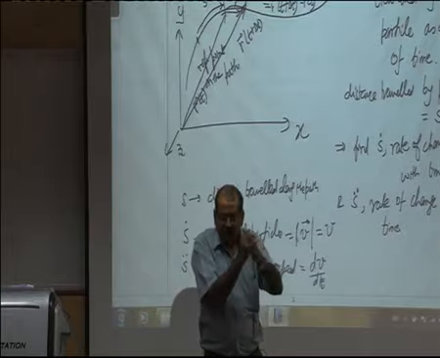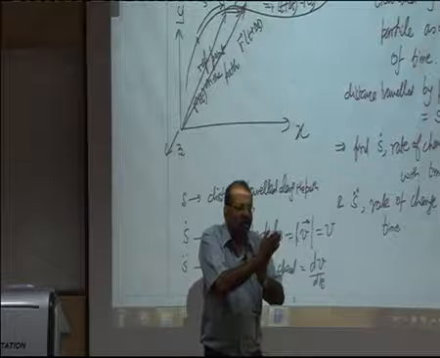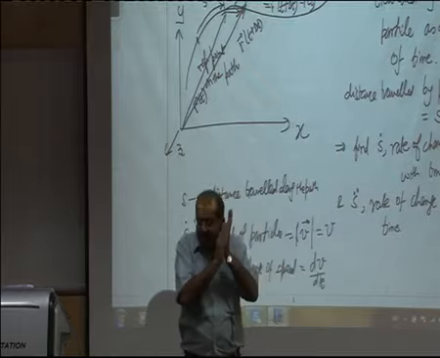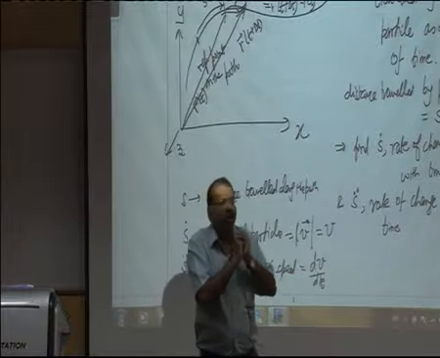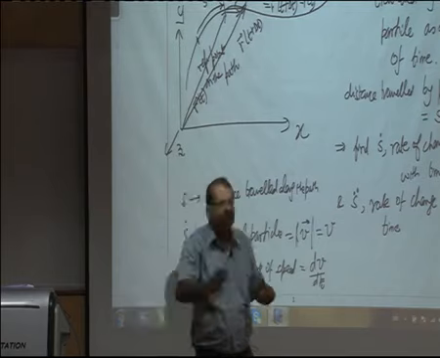It is a vector in a finite time. The magnitude of dr is not equal to the magnitude of ds, but as we move towards infinitesimal time with delta t going to 0, the magnitude of dr vector will approach ds.